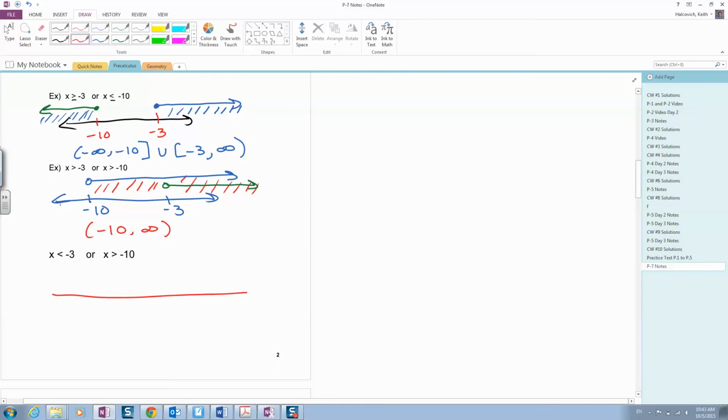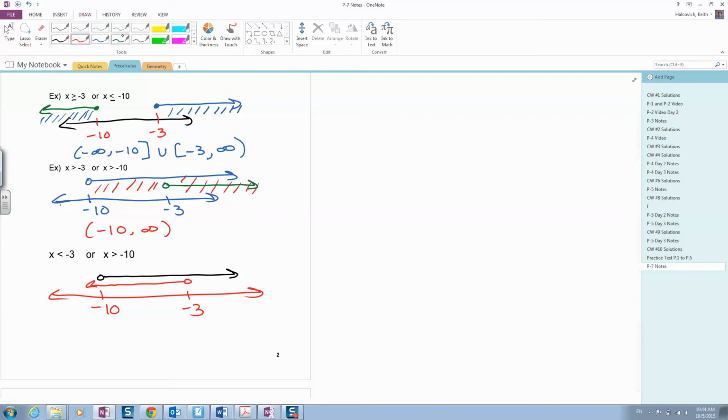And then for this last one, notice -10 to -3. It's greater than -10, so we're going that way. But it's less than -3, so we're going this way.